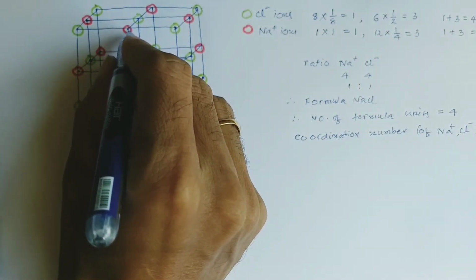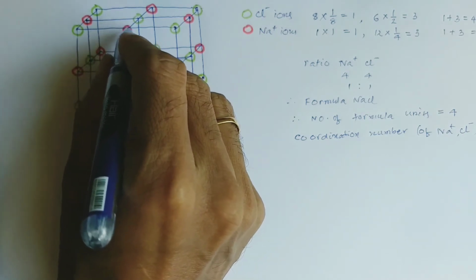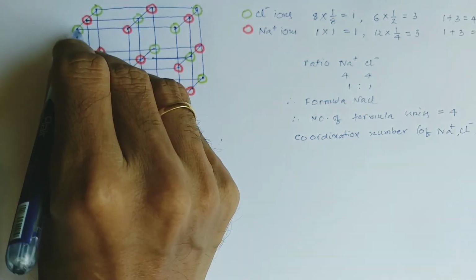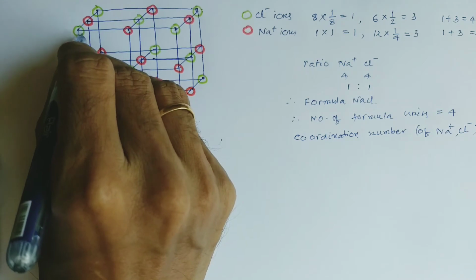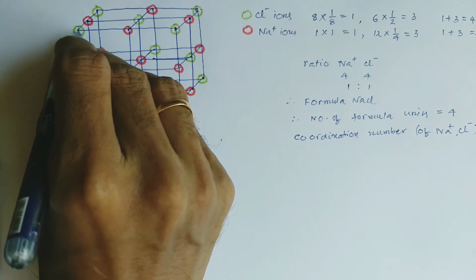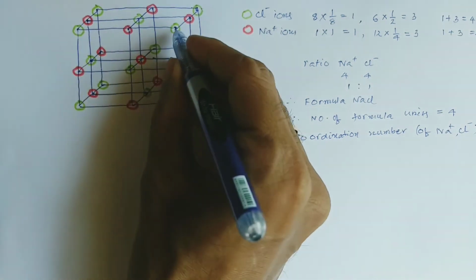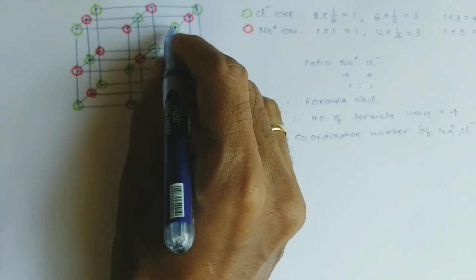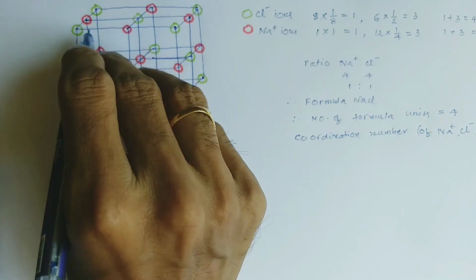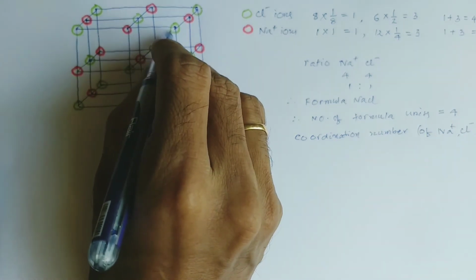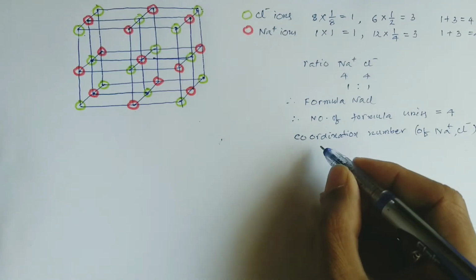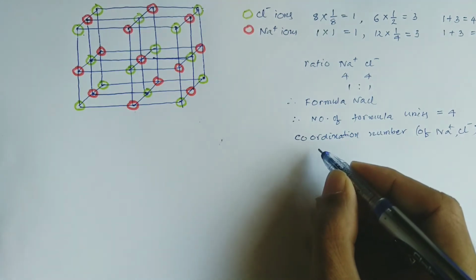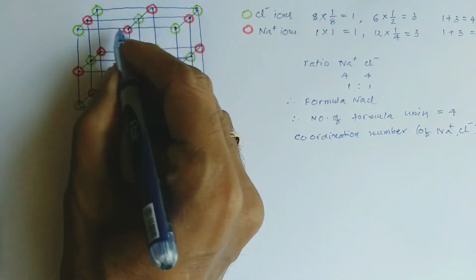Na plus ion is present as a whole on the edge, whereas for Cl minus ions only half of it, that is 1 radius, is coming into the edge, and here also 1 radius. So how many radii will be there? 2 radii of cations and 2 radii of anions making the edge length.